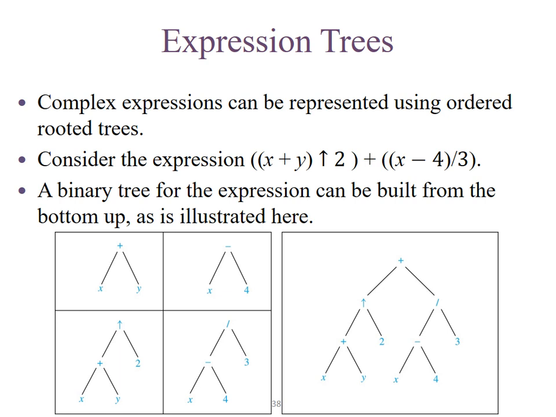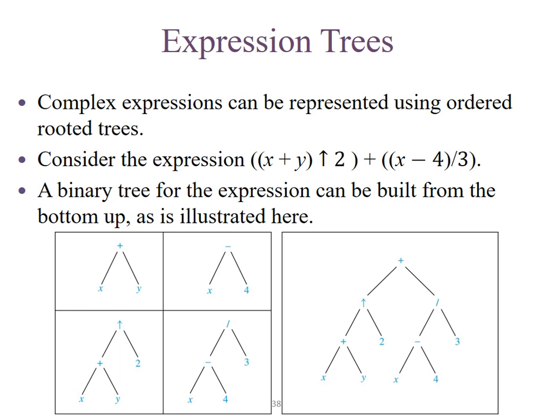Based on this expression, we can build a tree. For example, we have the first parenthesis, x plus y. So we can write the operator as our root, and x and y as left and right child. So we have the first expression tree, x plus y, like this.